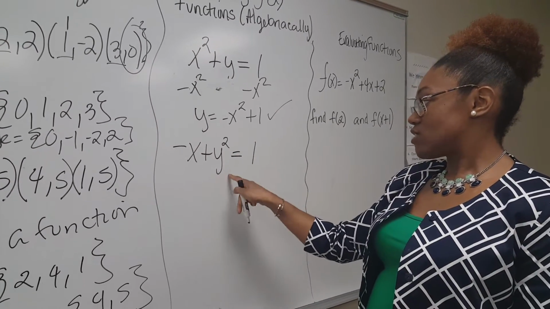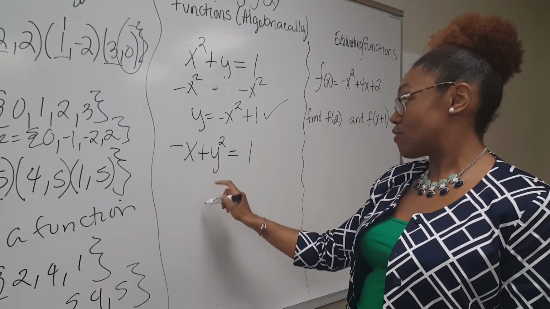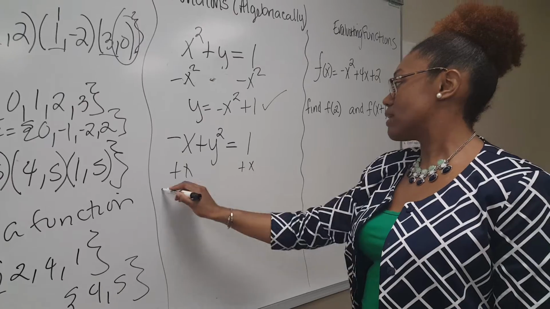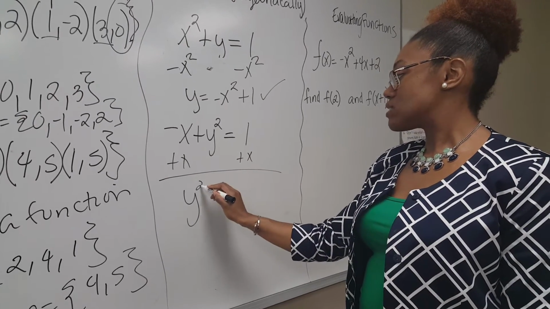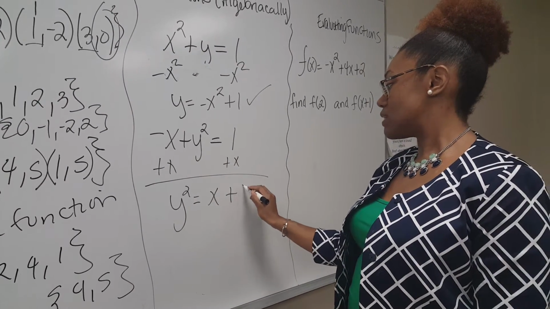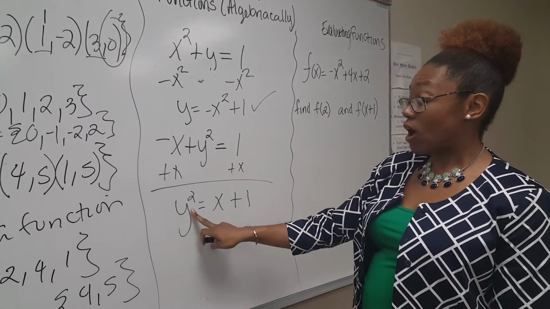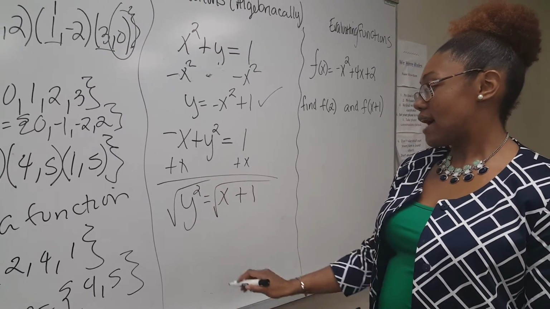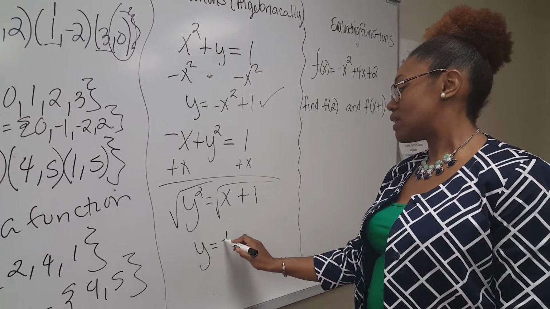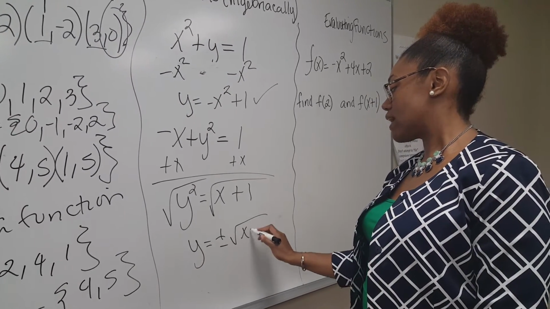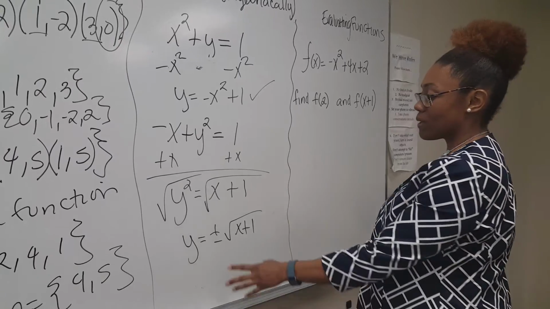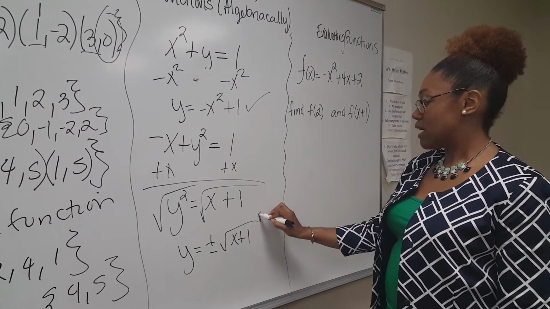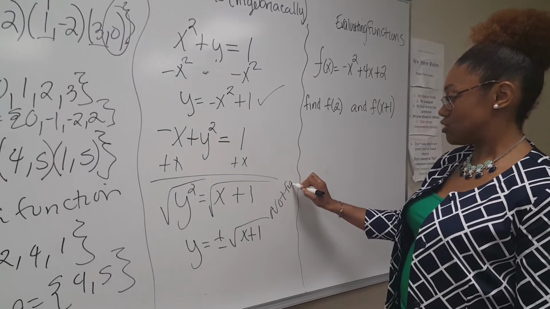But now if I try to solve for y here, I would add an x to both sides, right? And then I would have y squared equals x plus 1. Well, in order to solve for something squared, I would have to take the square root of both sides, and y would equal the plus and minus square root of x plus 1. So because we don't know which one is supposed to be working out, this would be not a function, okay?